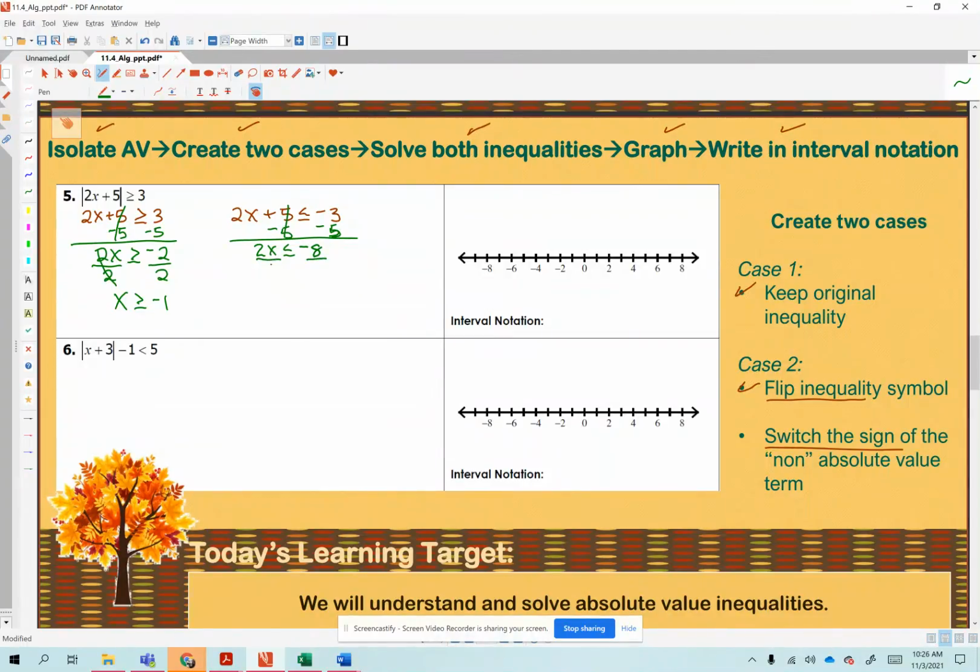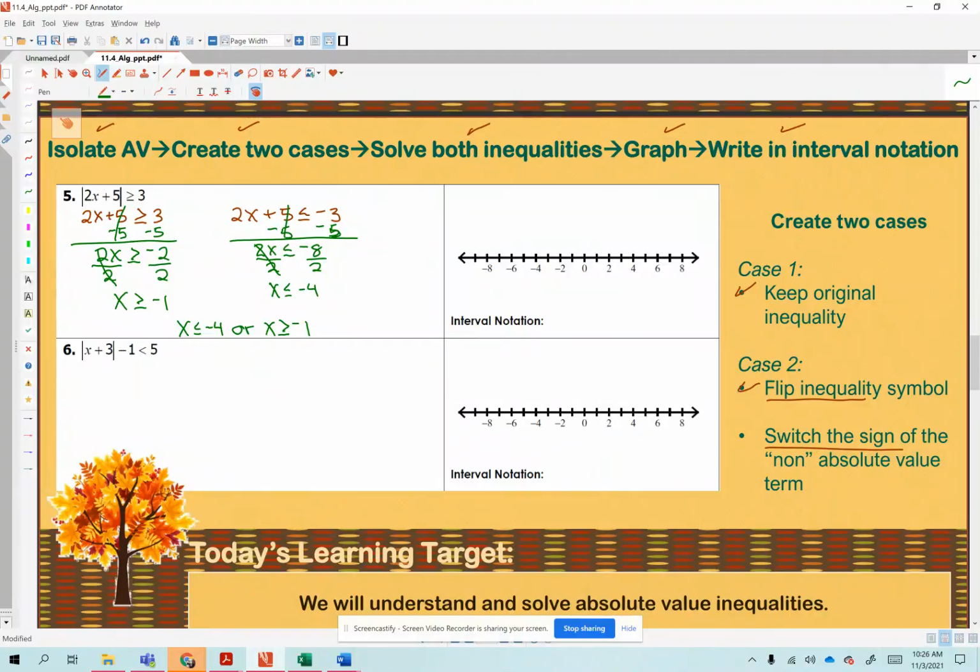We'll divide by 2, and x is less than or equal to negative 4. So x is less than or equal to negative 4, or x is greater than or equal to negative 1.